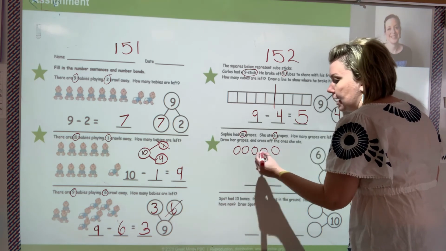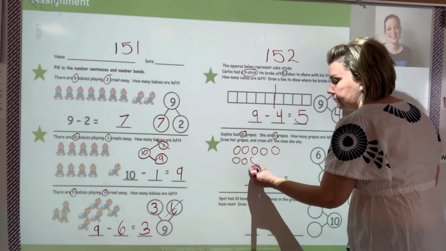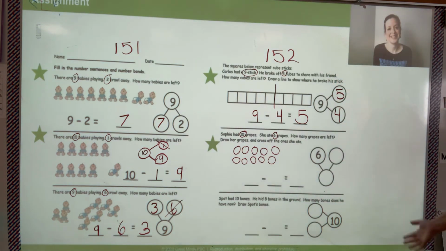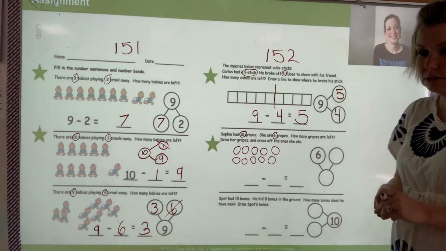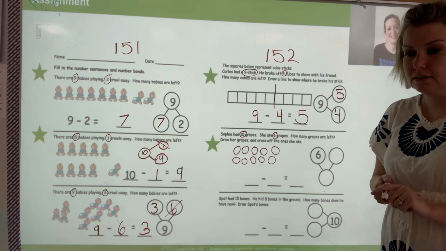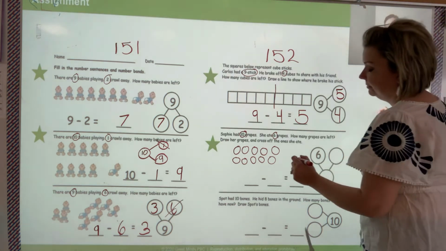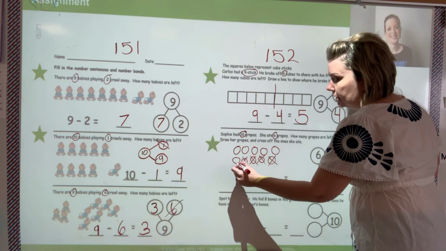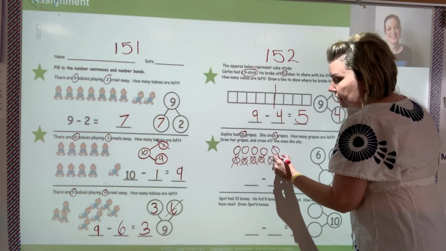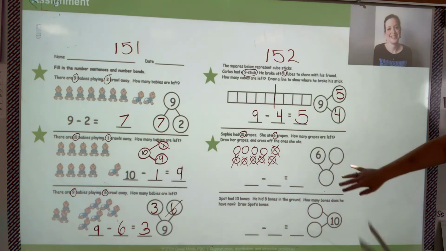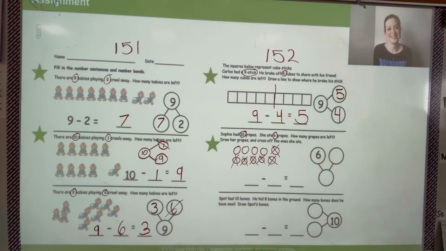It helps me keep track. How many grapes did she eat? 6. 1, 2, 3, 4, 5, and 6. Now we're ready to fill in our number bond and our number sentence.